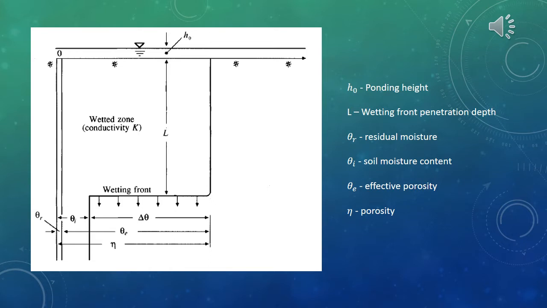Theta E is the effective porosity, or effective moisture, which is the porosity eta minus the residual moisture. That means this is the amount of moisture the soil can take. This is the effective, or potential, moisture content.